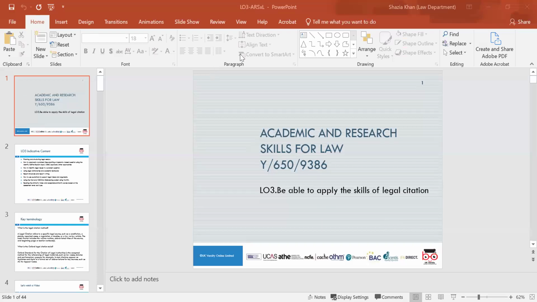But before that, so you've got a bit of an understanding of what we did in the last session, we look at learning outcome 2 quite briefly, okay? So learning outcome 2, we've looked at understanding how to research statutory law.